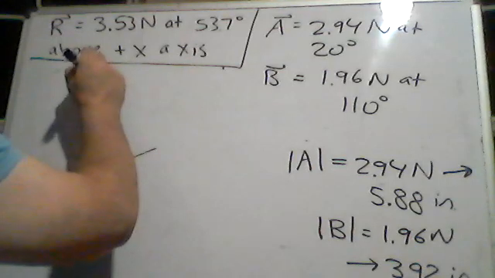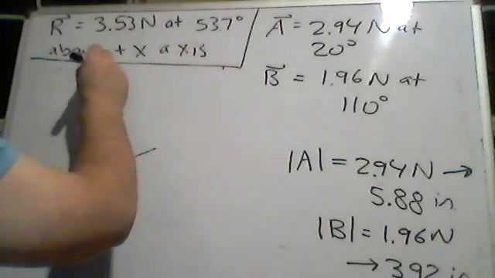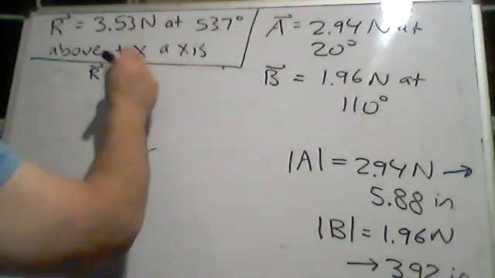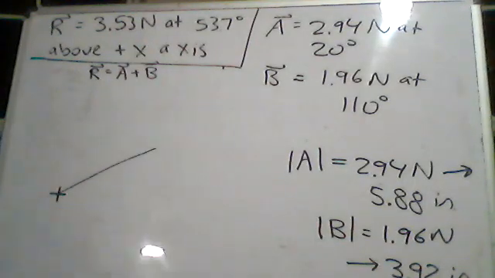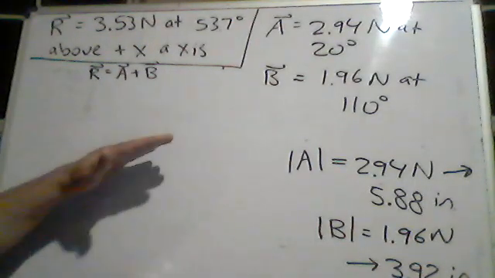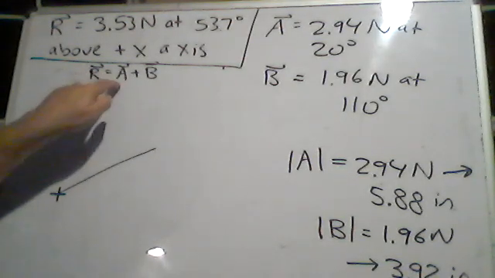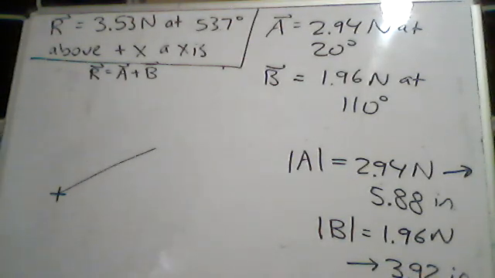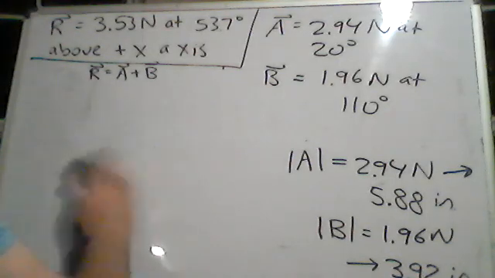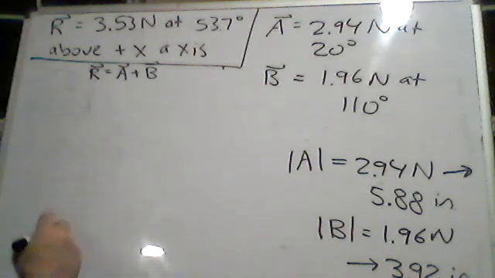So remember, what are you doing? You're doing R is A plus B. So you draw your A first. Again, you're reading from left to right. Your A first. You're going to draw it on the paper. Let me actually draw it a little bit lower. Give myself some space. That's a grid point that I pick.